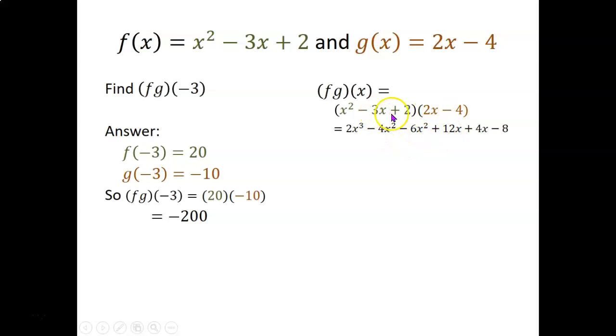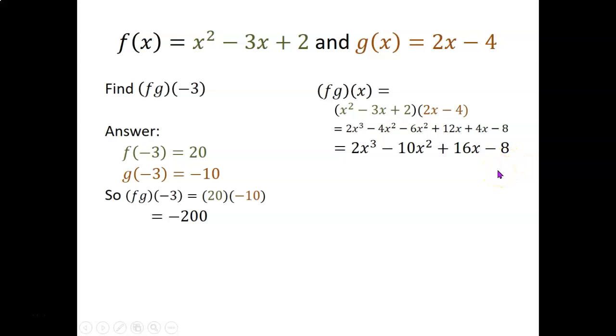The minus 3x gets multiplied by the 2x and the minus 4. And the plus 2 gets multiplied by the 2x and by the minus 4. And then after combining like terms, that's 2x cubed minus 10x squared plus 16x minus 8.